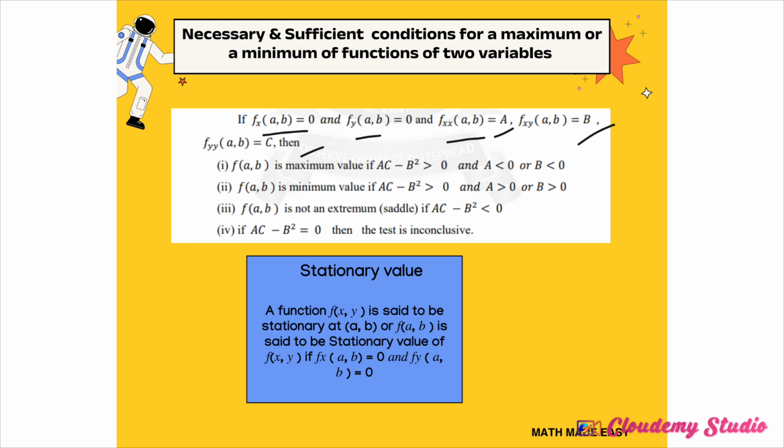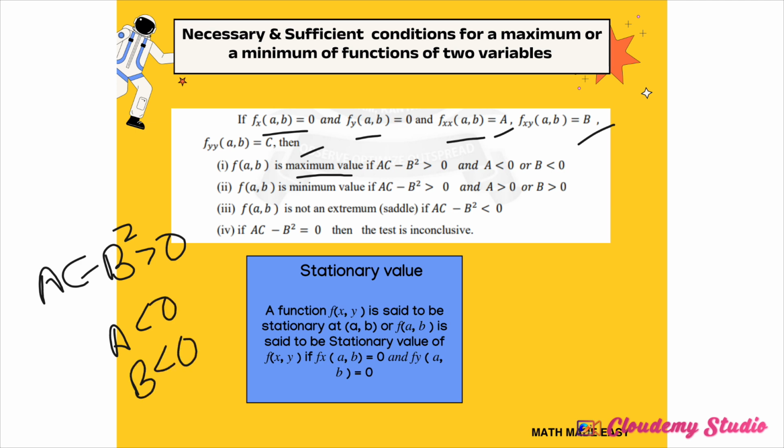Now f of a,b is a maximum value when ac minus b square is greater than 0 and a is less than 0. Then it is maximum.